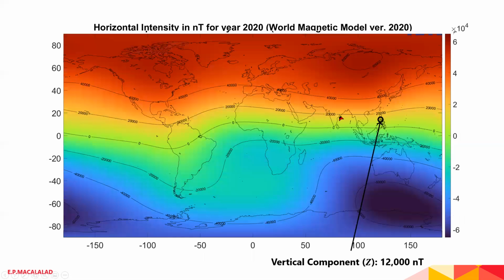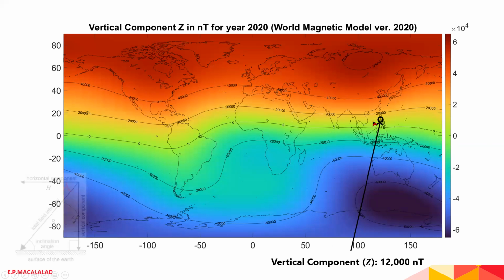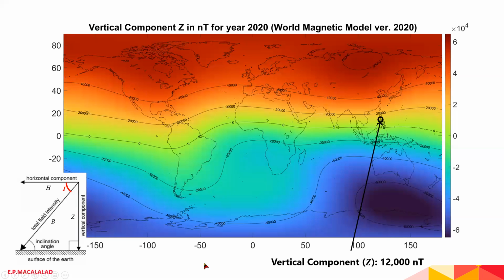Okay, now next, vertical component. You will notice again, the vertical component is taken positive downward. So from the South Pole, in the southern hemisphere, the vertical component of the magnetic field is pointing upward. That's why it's negative. So we notice in the contour lines, green, blue, green, teal, blue to violet, this is negative.